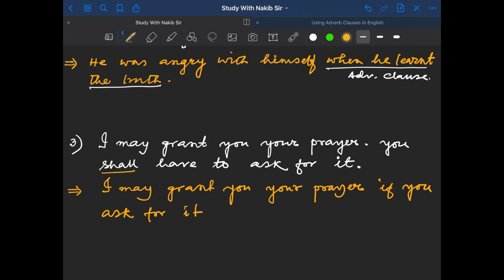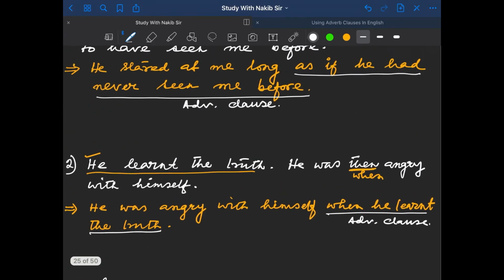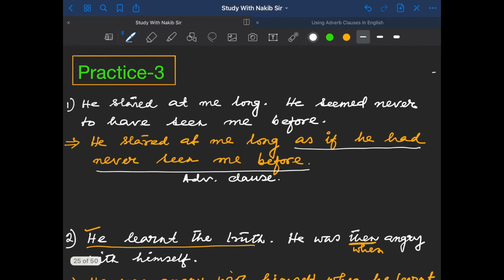If you ask for it, this is the condition. So it is an adverb clause expressing condition. These are the answers to your questions of sheet number 3.